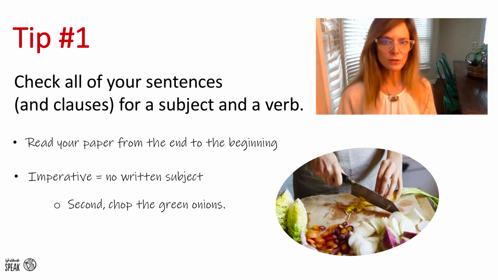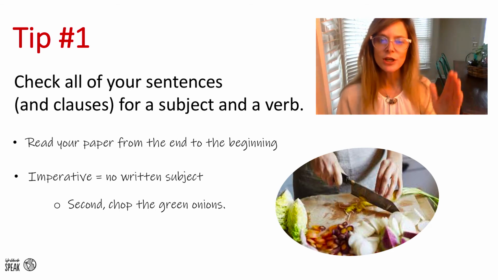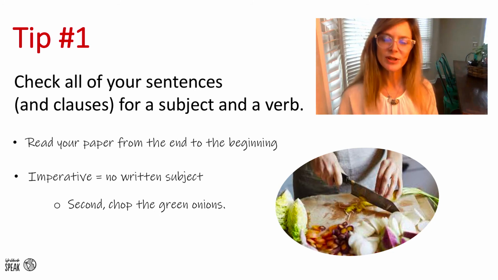Well, we don't need to put you as the subject because it's the imperative, so there's just that verb there. So you do need a subject and a verb in every sentence and clause, but just make a mental note that if it's a process paragraph or essay, and you're using the imperative, you won't see the subject because we omit that when we use the imperative.